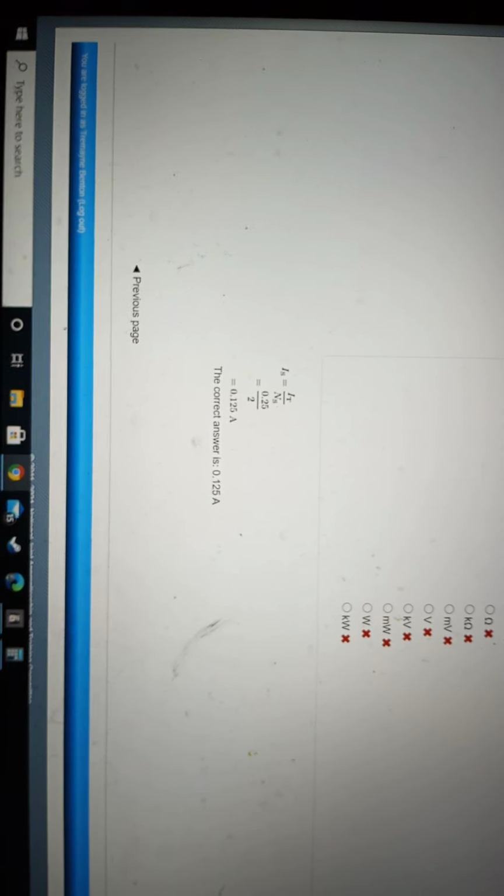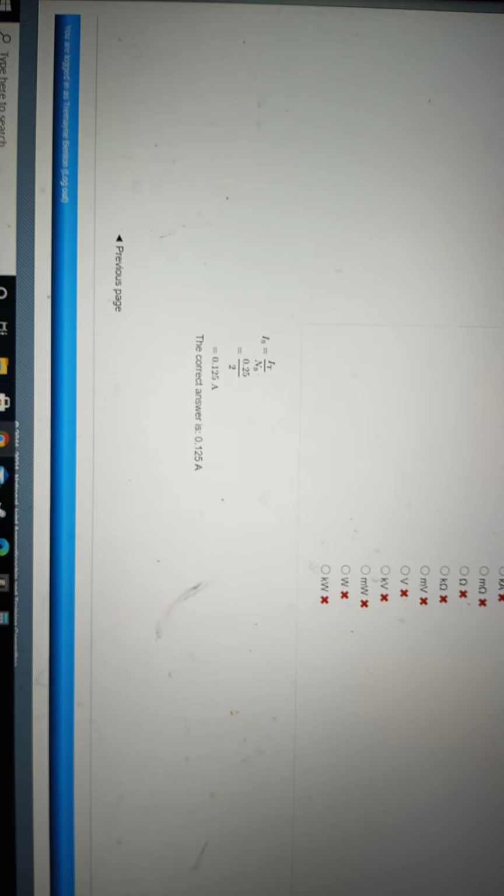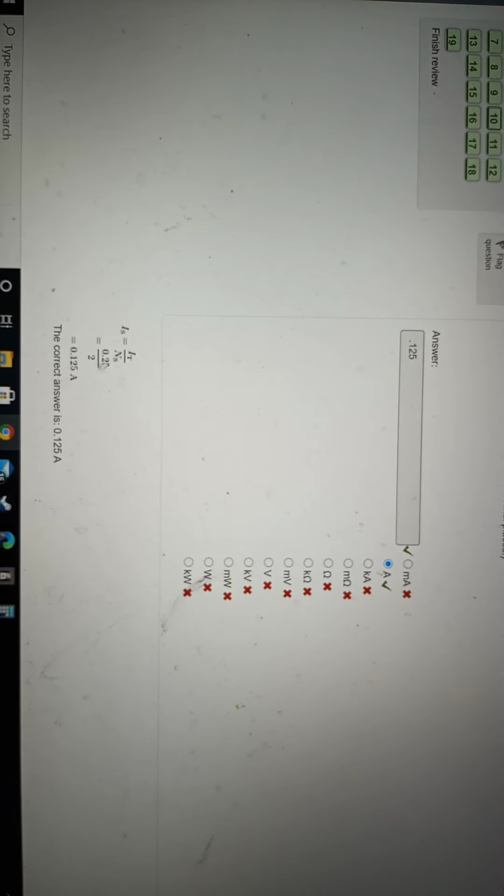We've got another formula. This is IS equals I total over NS. So we've got two battery sources, I believe, with a total current of 0.25.